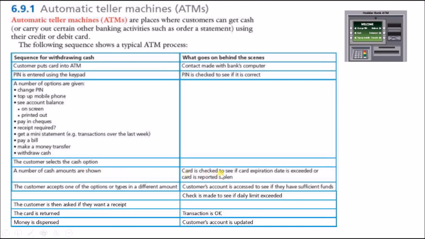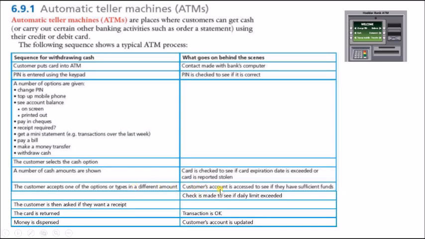So the card is checked to see if the card expiration date is exceeded and whether the card is reported as stolen or not. Then the customer accepts one of the options or types in a different amount. Maybe the shortcuts don't match my needs, so I have to type it.